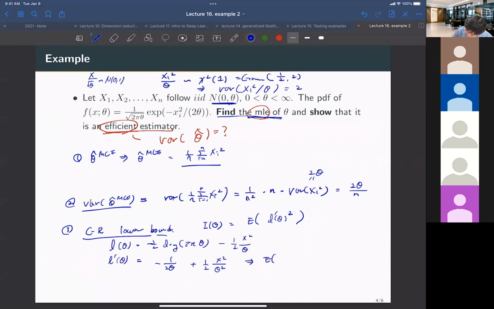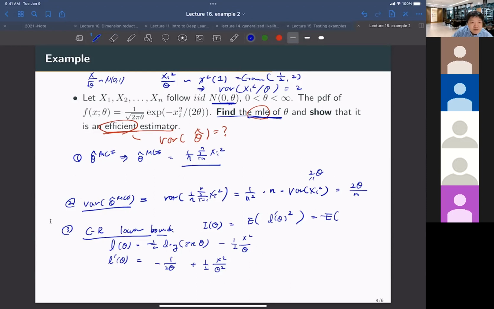To take the expected value, instead of squaring, we know that this is the same as minus the variance.